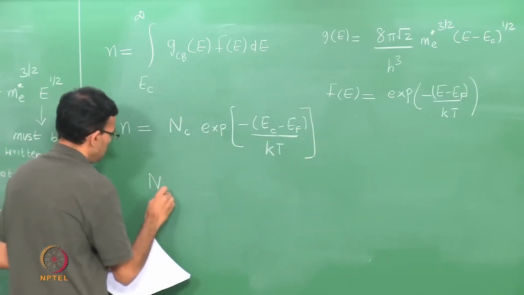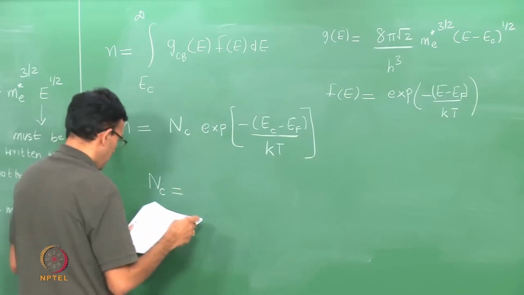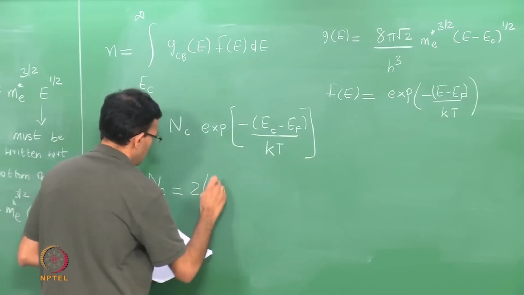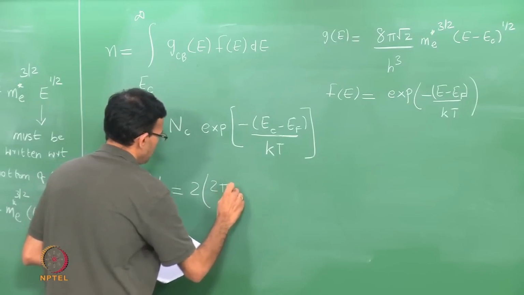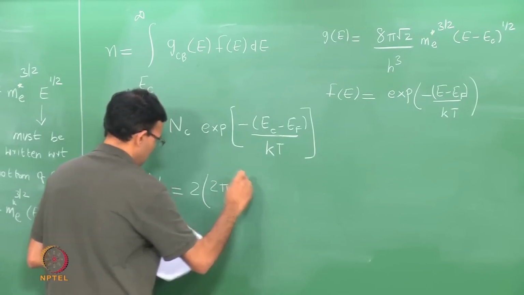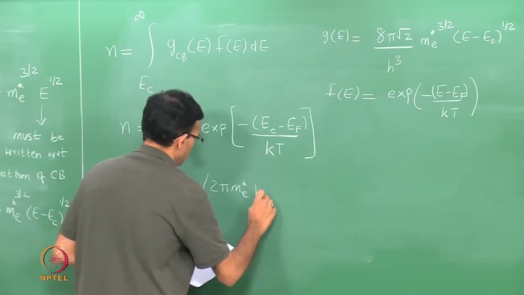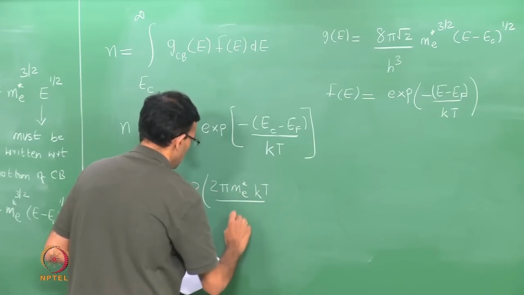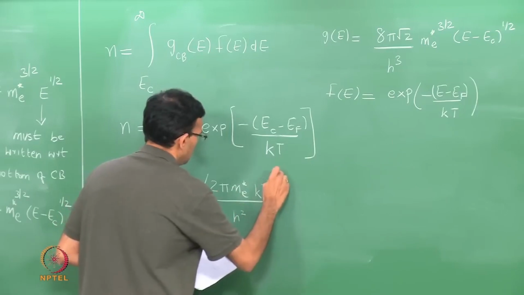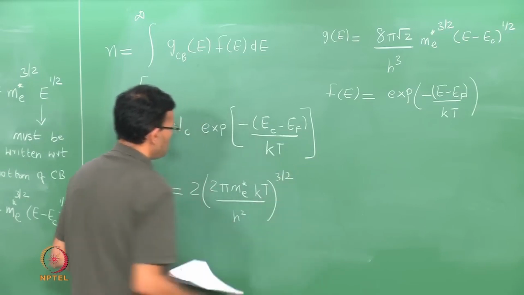Nc is nothing but 2 times (2 pi m_e star kT over h square) whole power 3 over 2.